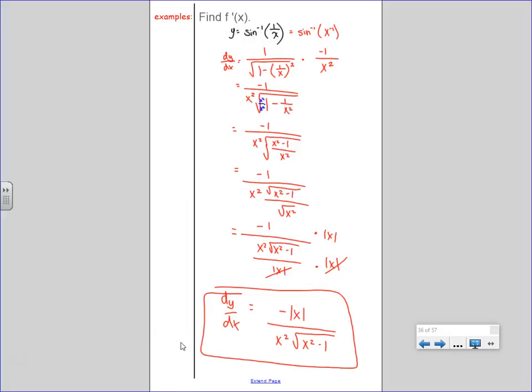Now let me quickly look at this and make sure that we still need that absolute value. Sometimes positive, sometimes negative. This one will actually always be negative, and if I took away the absolute value, if I put in a negative number, it would sometimes be positive. Yep, I have to keep that absolute value. All right.